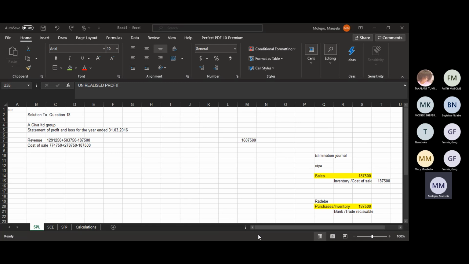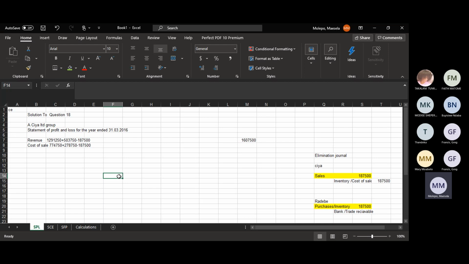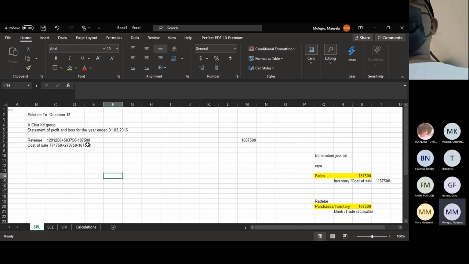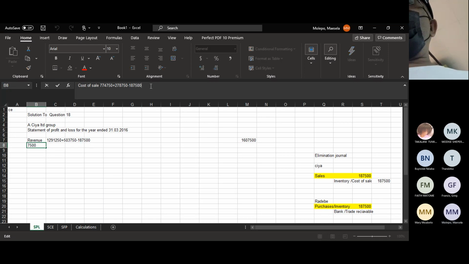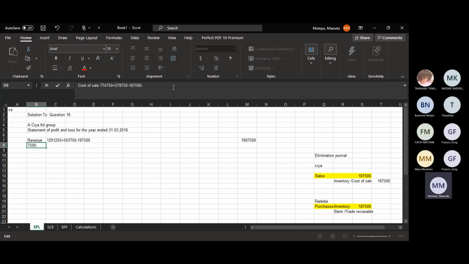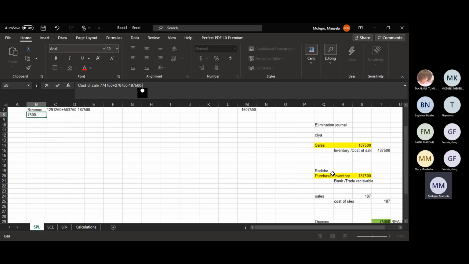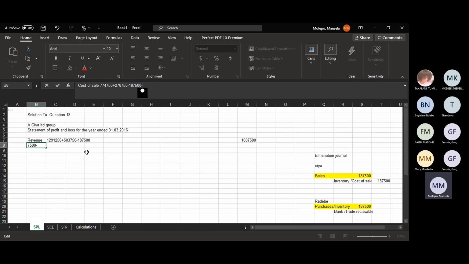So the profit coming from the 75,000 will be minus, because now it's realized in the current year. It was unrealized as profit last year; it was recorded fully as a profit on the cost of sale. So now we say minus. You say 75,000, you multiply by 25, you divide by 125. It gives you the value of how much?